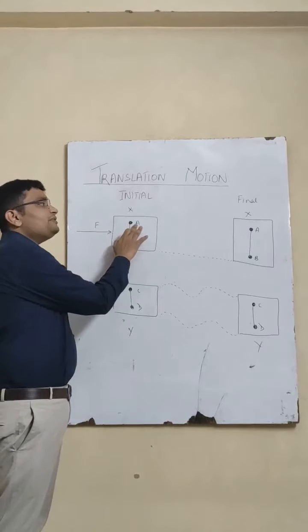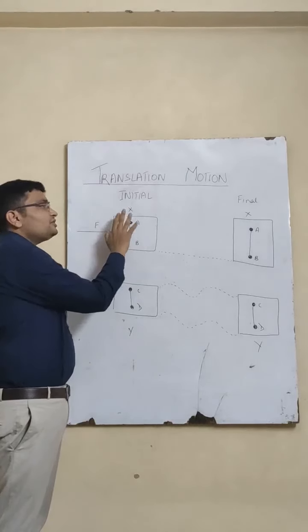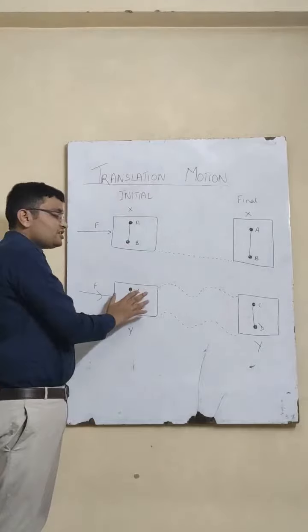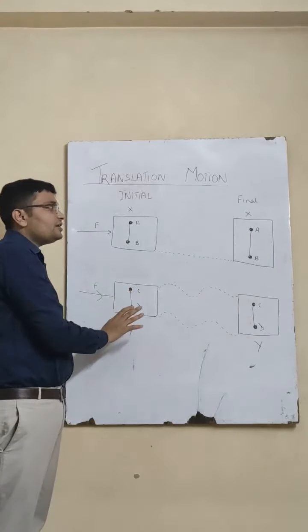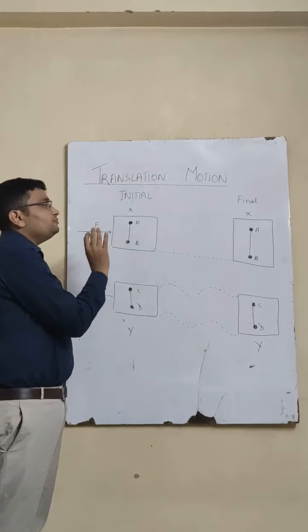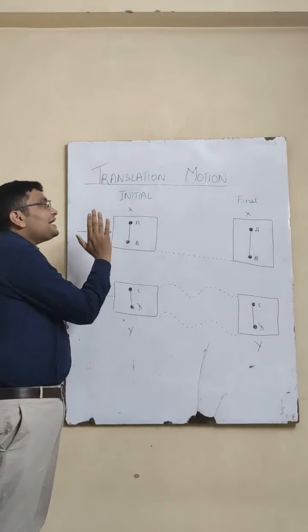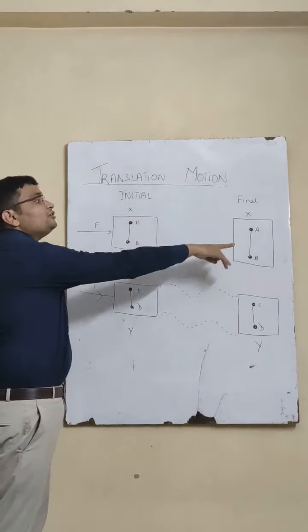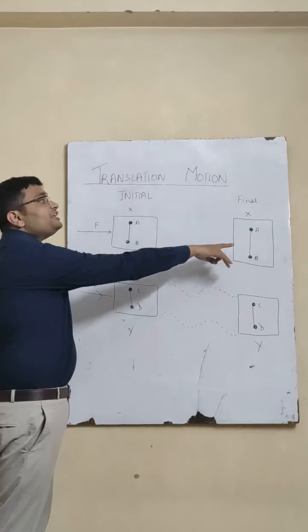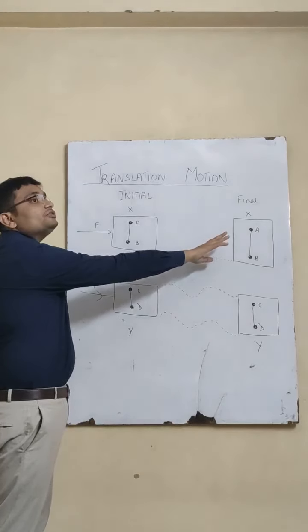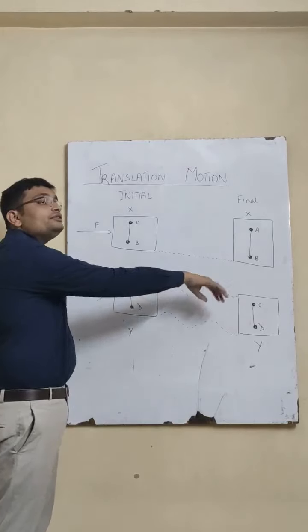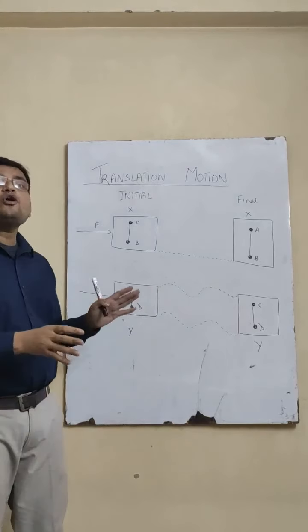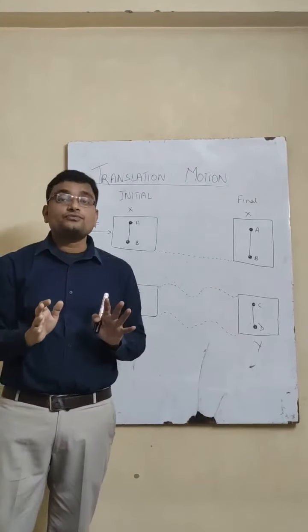I have taken the particles A and B for the X, and for the Y I have taken the two particles C and D. After that, observe that the line segment you have taken must be parallel with the line segment when the body is at its final position. If it is so, then we say that the body is in translation motion.